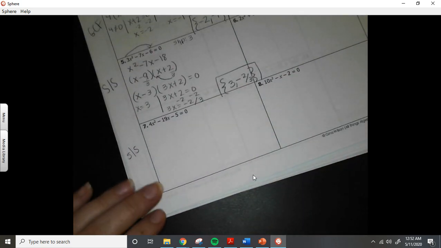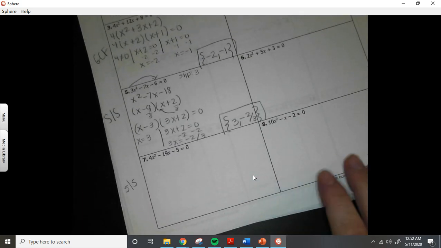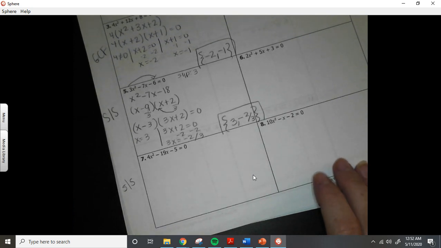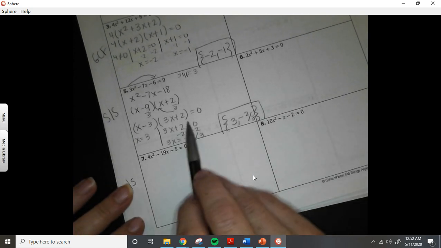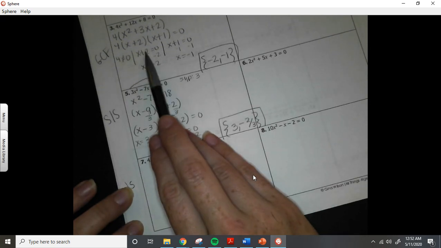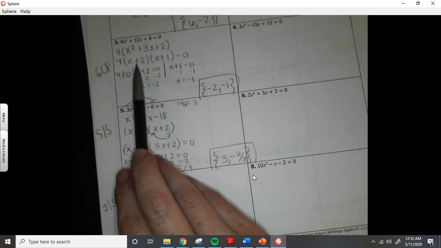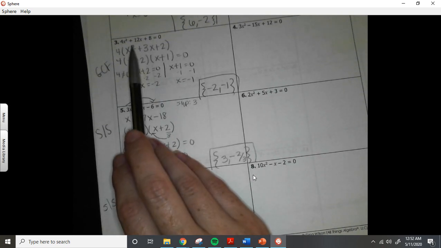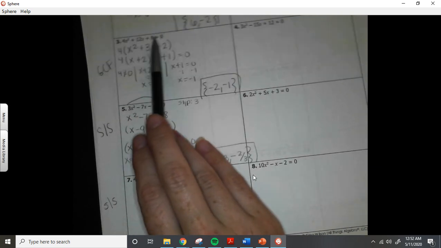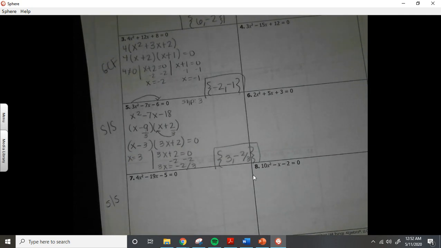Number 7, once again, no GCF. We have to slip and slide. The reason I'm going so fast is because I already taught you how to factor. Mainly this whole thing is factoring. The new part is setting everything equal to 0 and solving, because you want to know what makes each factor equal to 0. Now, if you plug in negative 2 to this problem, you get 0, so that is a 0 by definition.